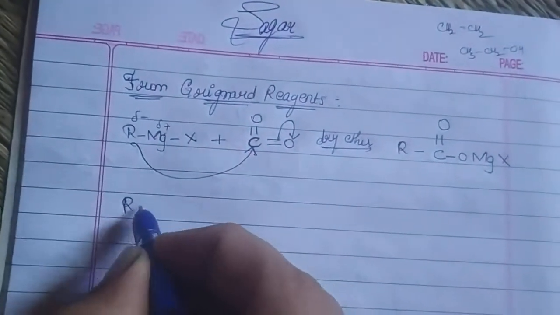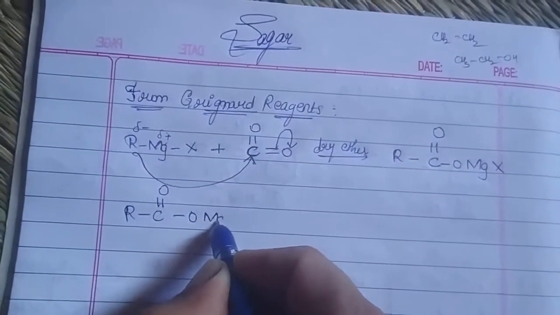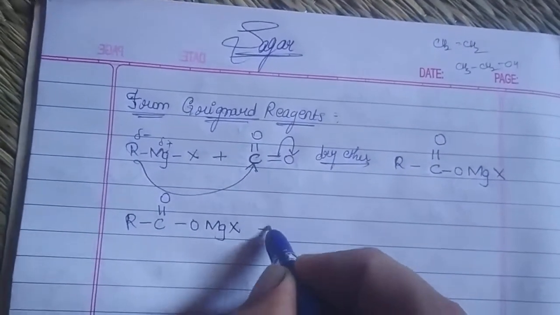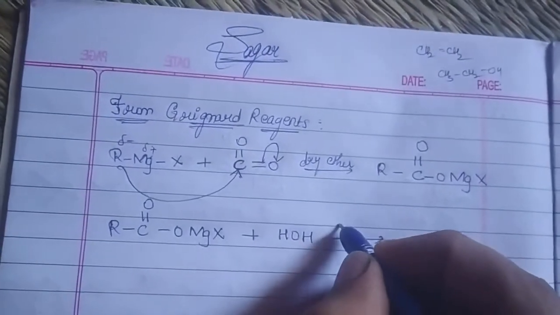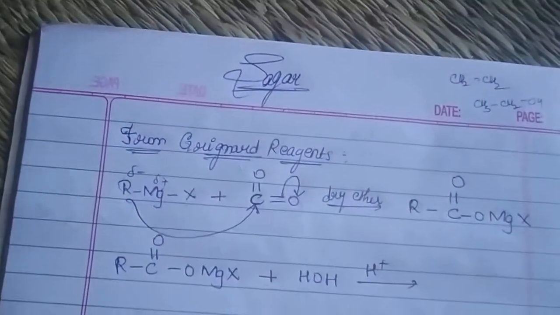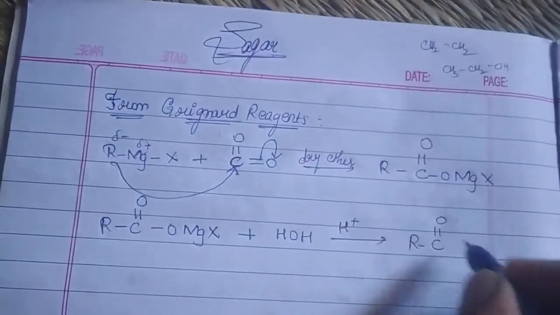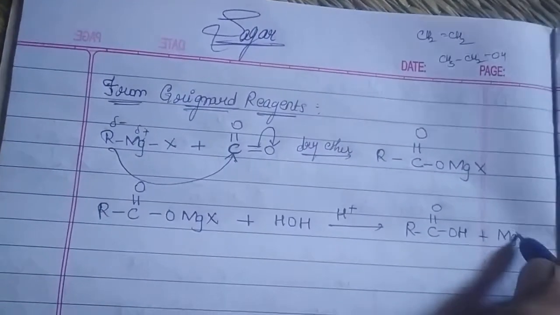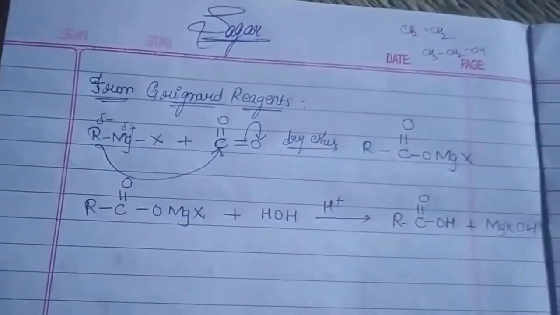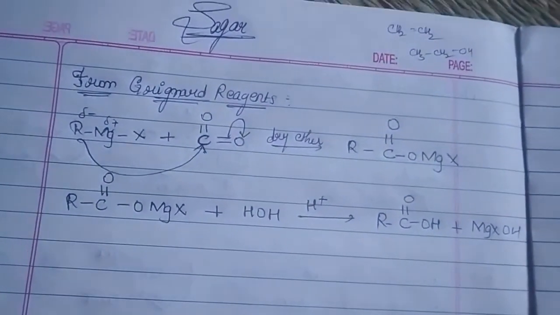Then upon acid hydrolysis of this addition product in the presence of a mineral acid, the final product is our carboxylic acid, plus MgXOH.